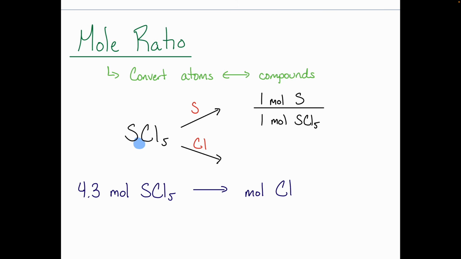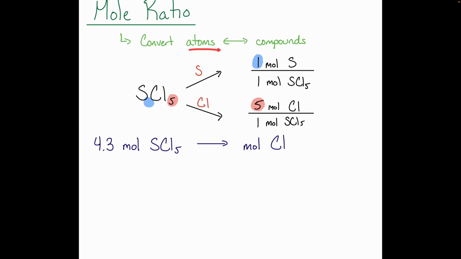Just simply from our chemical formula here. Then if I had 1 mole of sulfur pentachloride, how many moles of chlorine would I have? 5, right? And again, just from my chemical formula. So depending on which element I'm talking about, I could figure out how much sulfur I had or how much chlorine I had, how to convert from those individual atoms into our chemical compound.